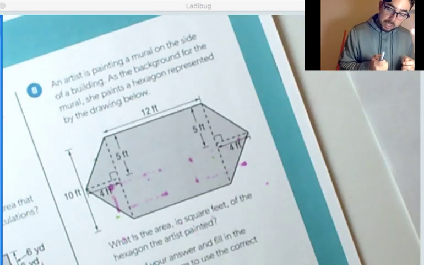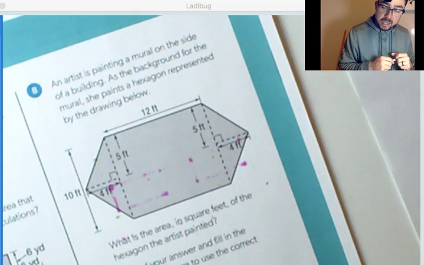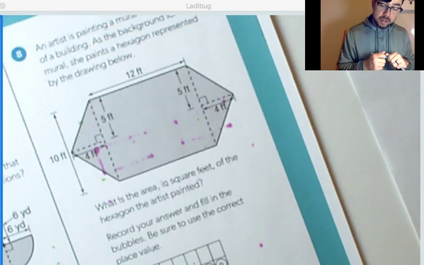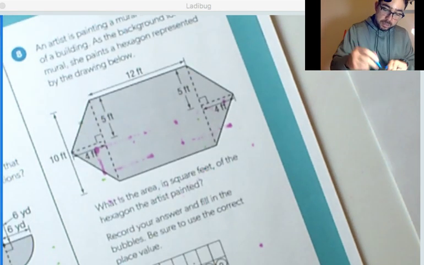All right, last one but not least. An artist is painting a mural on the side of a building. As the background for the mural, she paints a hexagon represented below. What is the area in square feet of the hexagon the artist painted? So we have to break this down into shapes again.